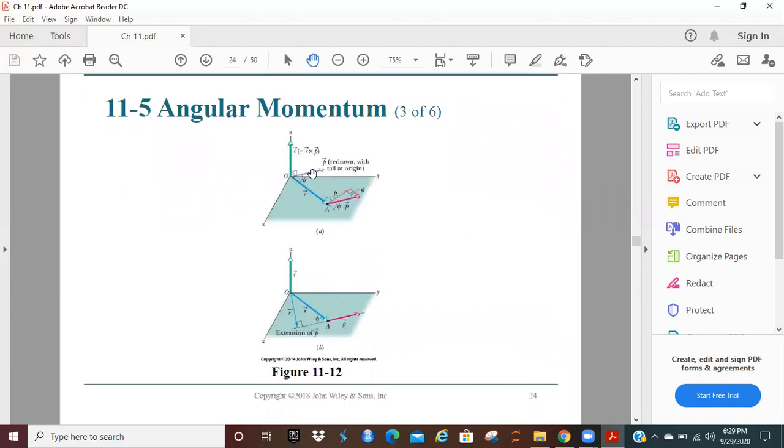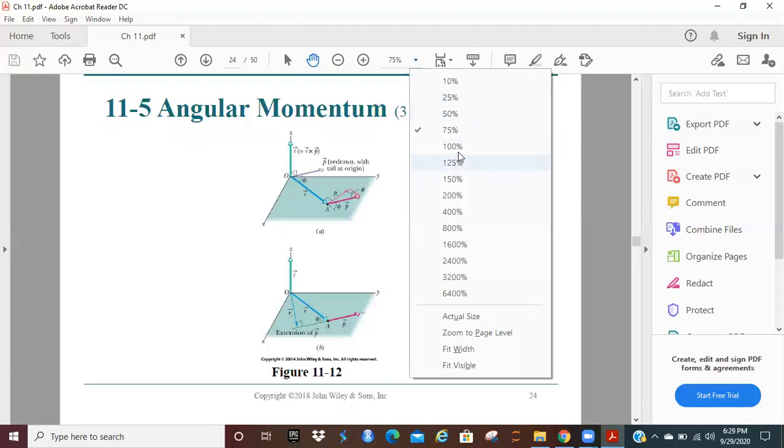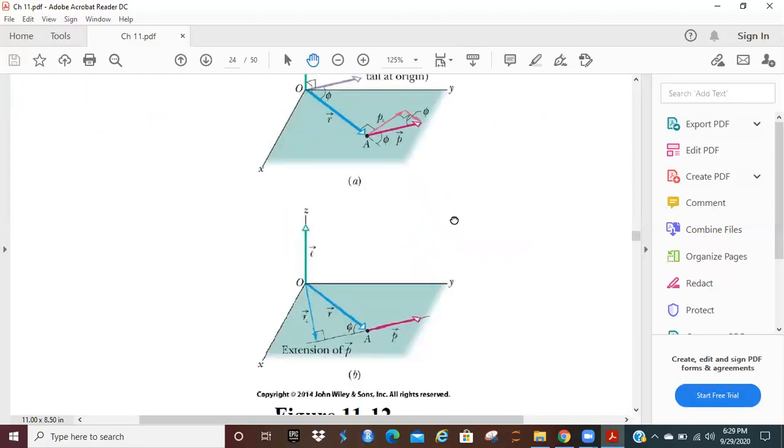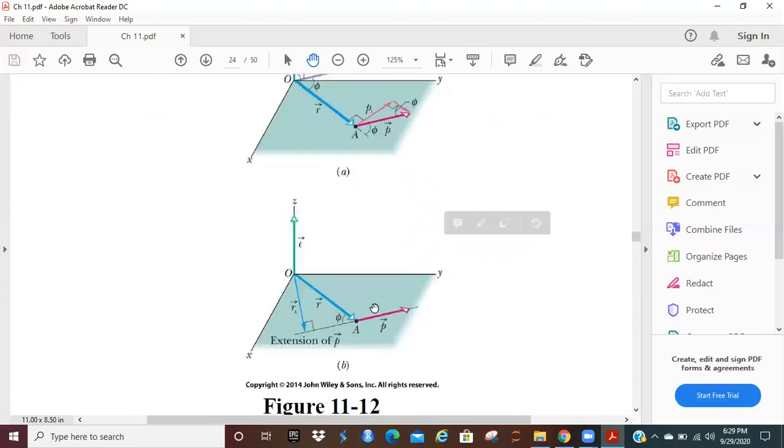So let's say we have certain momentum heading this way, and we have a lever arm out here. If we take r cross p, this is a drawing of how that is performed. If you're going to do r cross p, you want to take the perpendicular component of this and multiply those two together.